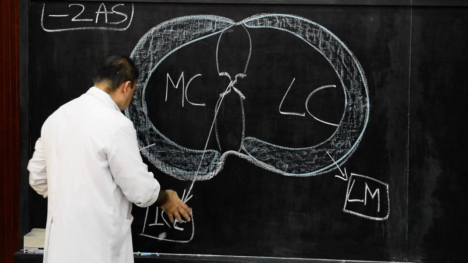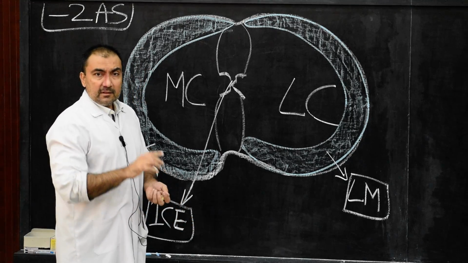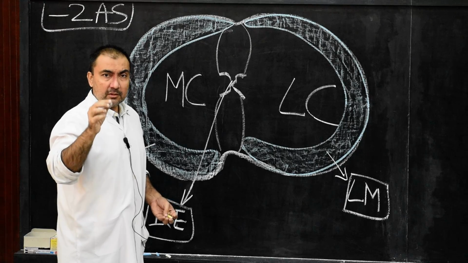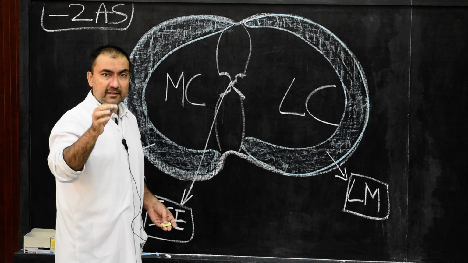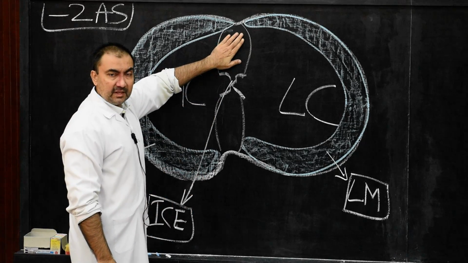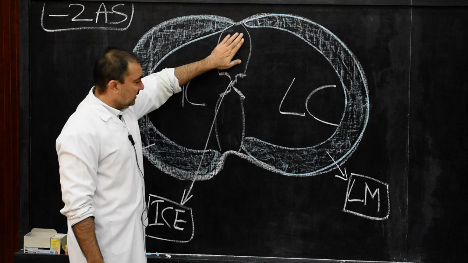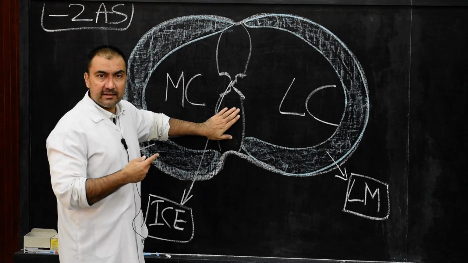Those three markings will be the anterior horn of the medial meniscus, the anterior horn of the lateral meniscus, and the anterior cruciate ligament. Three structures over here in the anterior intercondylar area. Similar three structures will be present in the posterior intercondylar area where my hand is.